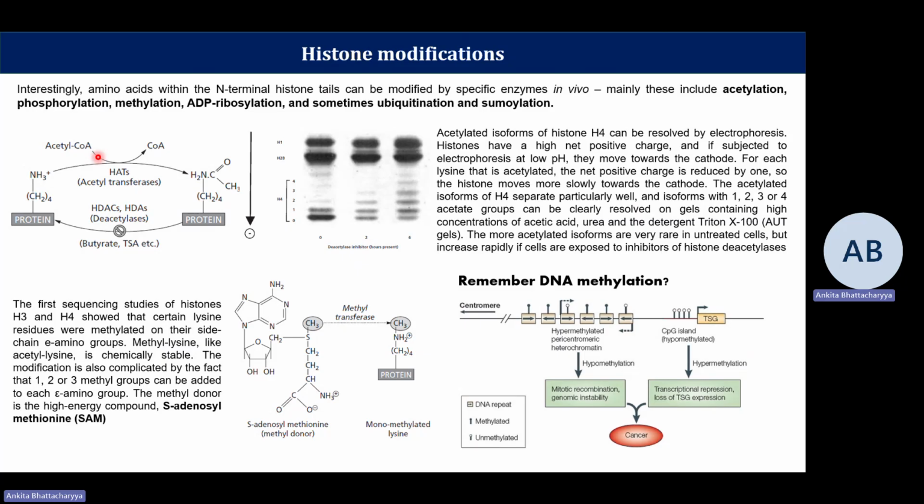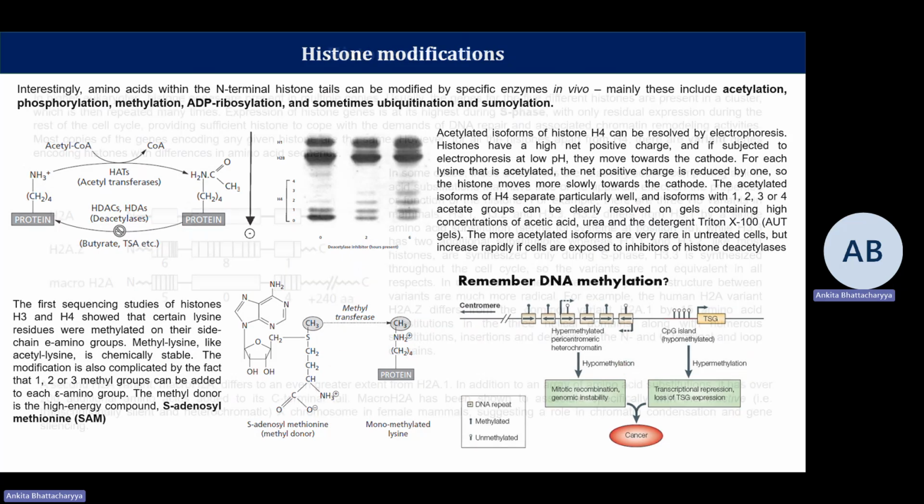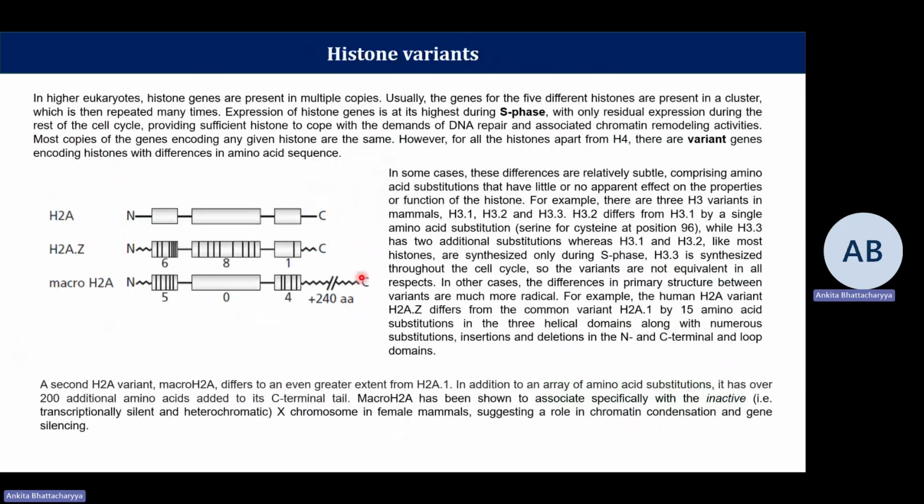But what we saw here is that between these two forms, acetylated and non-acetylated, and methylated and non-methylated histones, there are certain enzymes which come in, HATs and HDACs, which are responsible for the transfer of an acetyl group and the removal of an acetyl group, respectively. The transfer of a methyl group and removal of the same are also very crucial enzymes in this context.